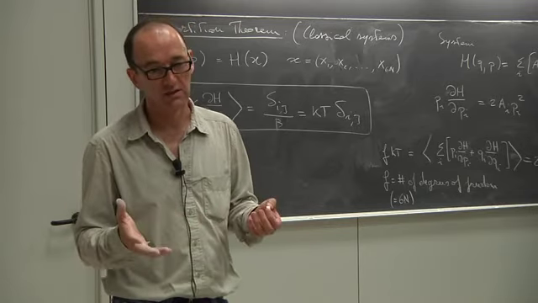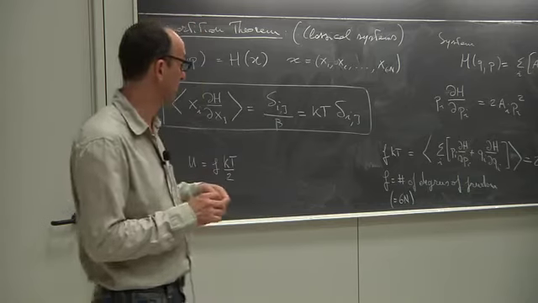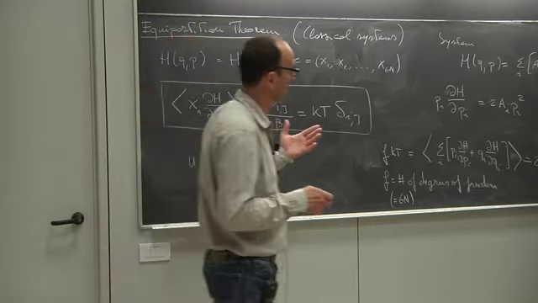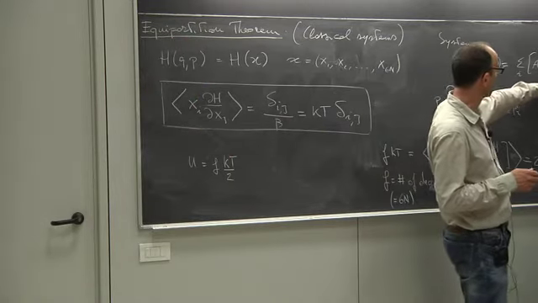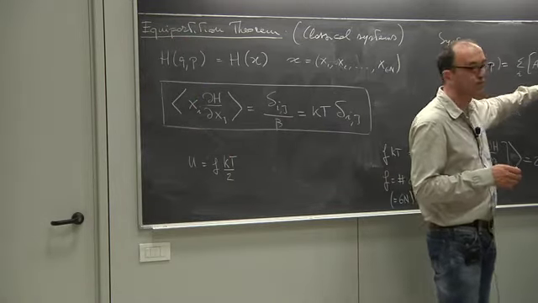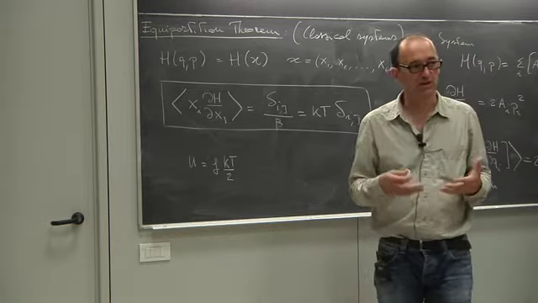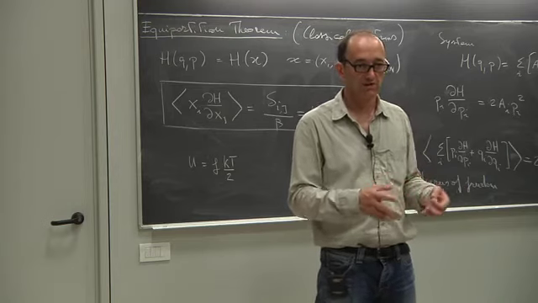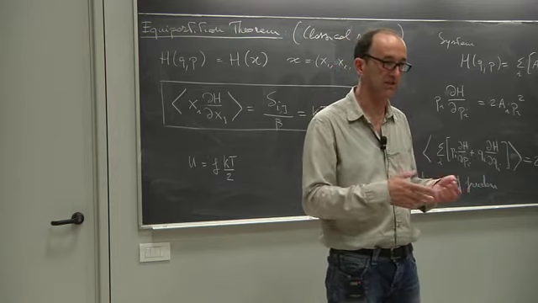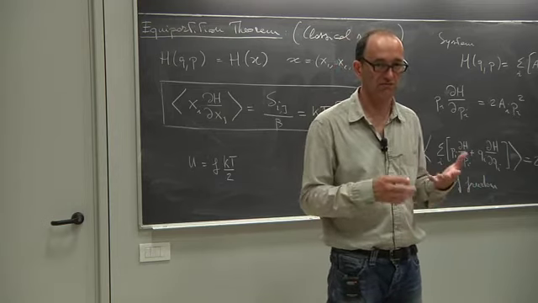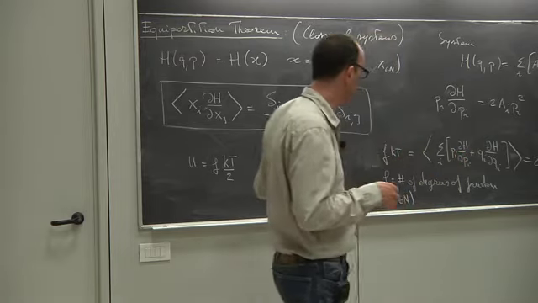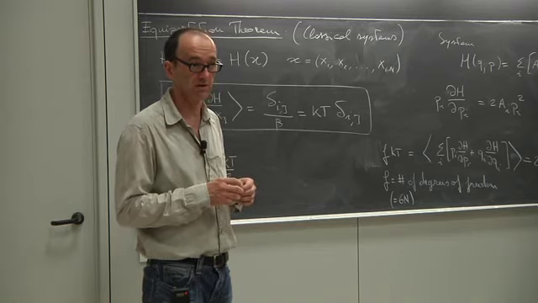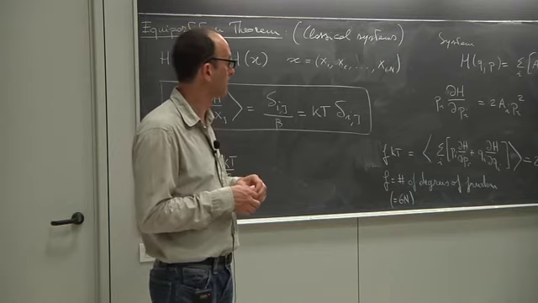So for all the degrees of freedom which enter quadratically in the Hamiltonian, you know how much they will contribute to the energy, to the specific heat. You have this very general result.